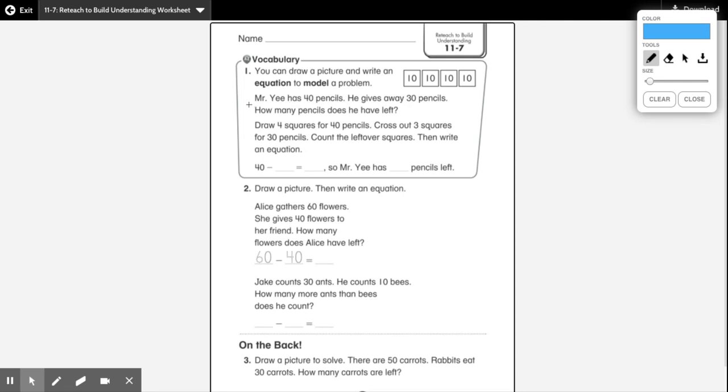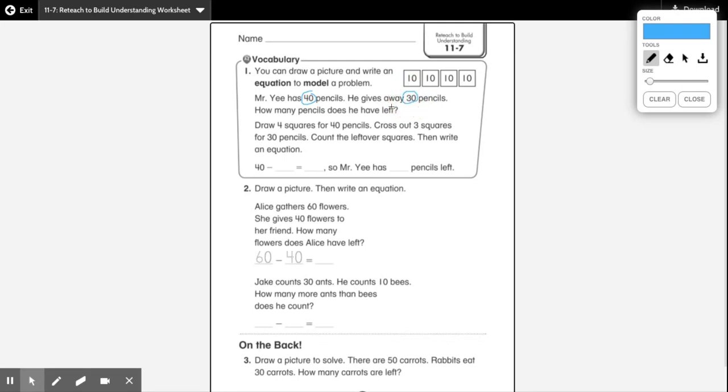Remember, when we have story problems, we are going to be circling our magic numbers and underlining those magic words that tell us which operation we will be using, whether it's addition or subtraction. Mr. Yi has 40 pencils. Ooh, there's my magic number. He gives away 30 pencils.